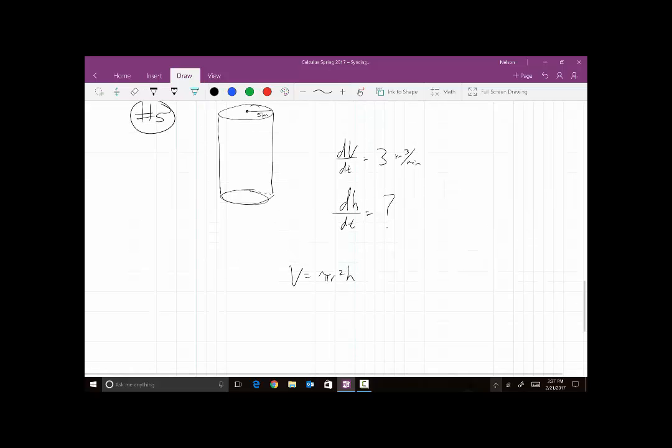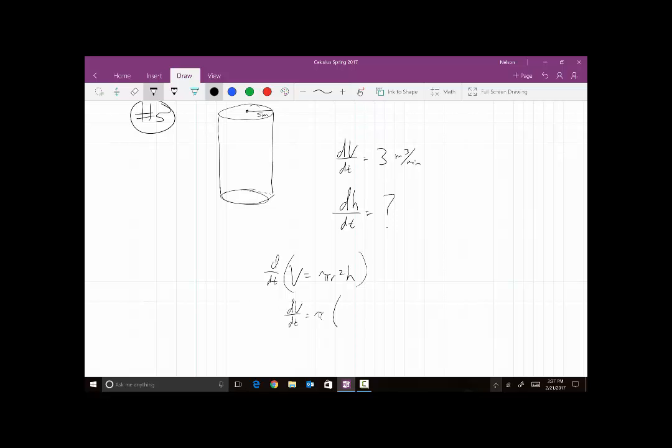So if I take the derivative of this with respect to t, I'm going to get dV/dt is equal to pi times... Now this is a product rule. But here's the thing, this is a constant. You could just take the derivative, but dr/dt should be 0 because it's not changing.